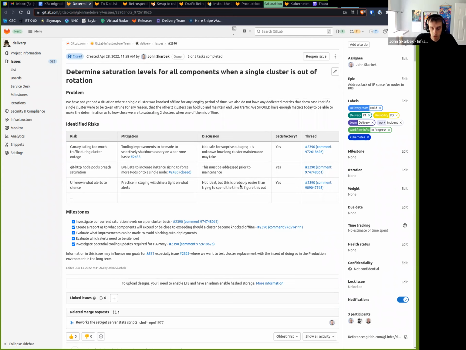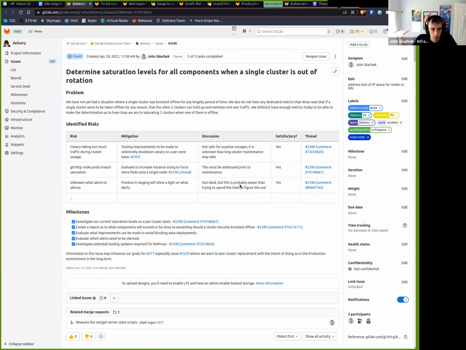In fact, the only alerts that I'm expecting to trigger are anything related to our monitoring stack that might be installed into a cluster, because those components will either not be able to scrape, or they will not be reporting themselves upward to Thanos, where all those metrics get gathered and stored. The other alerts I'm expecting are from the cluster that we're taking out, specifically traffic cessation alerts. And that's just because traffic will be removed from that cluster.